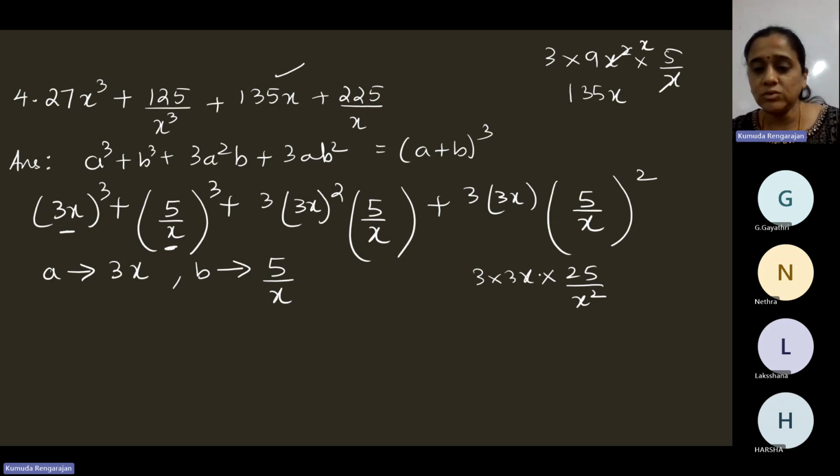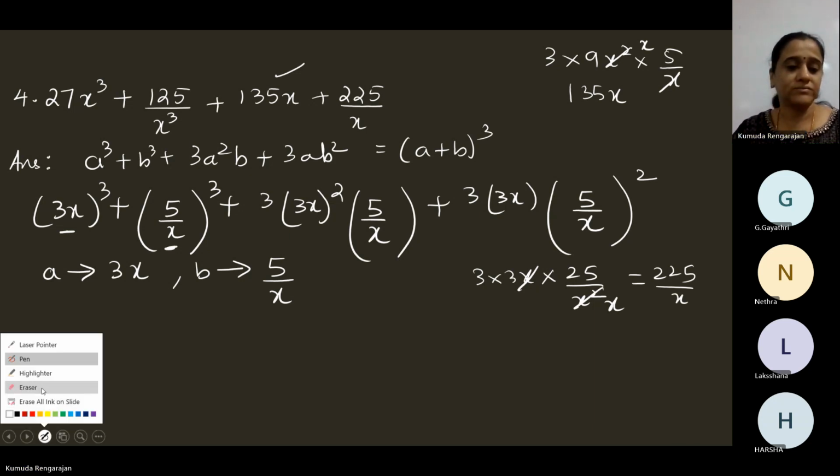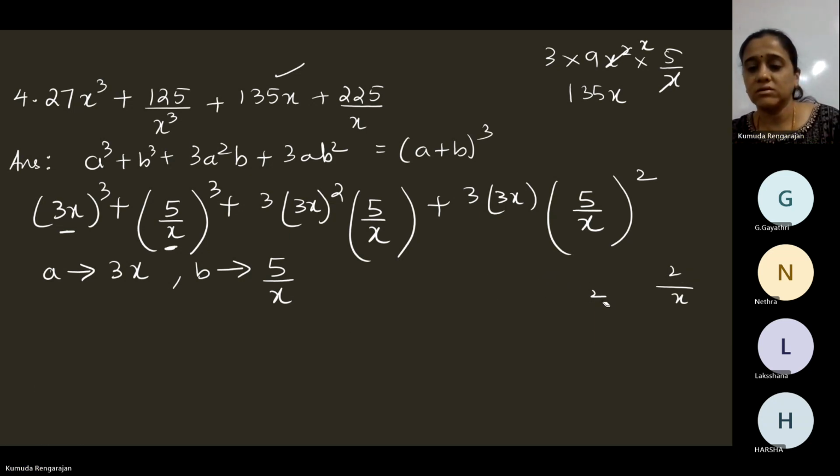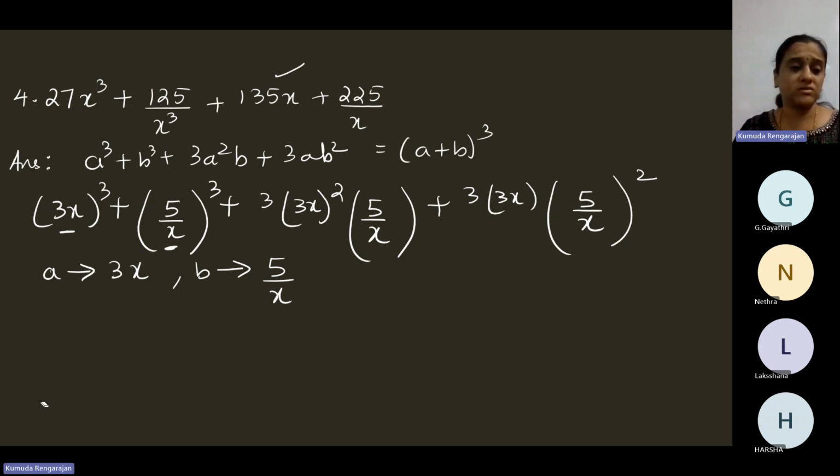All right. So 3 threes are 9. 9 into 25 is 225 by x. Yeah, we have all the terms. You have to check this.